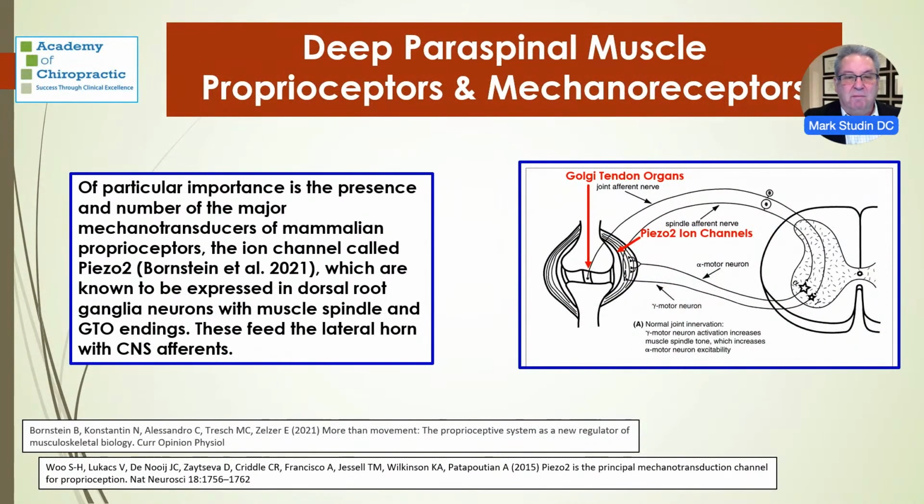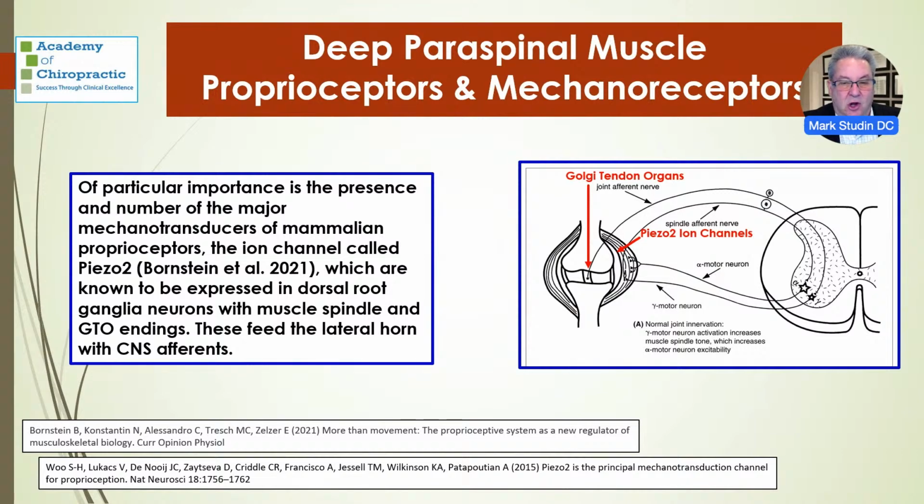Then you have deep paraspinal muscles, which are actually proprioceptors and mechanoreceptors, but in our conversation, we're going to talk about them in terms of proprioceptors. And there's something called the Piezo2 ion channels. What happens is when the mechanoreceptor information goes into the dorsal root ganglion of the cord, it shoots over to the muscle spindles.